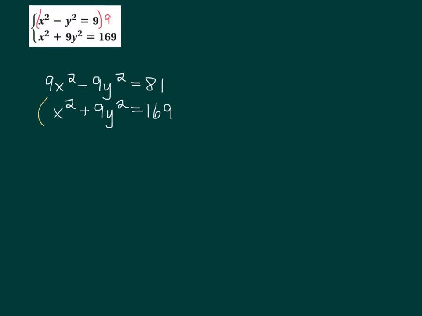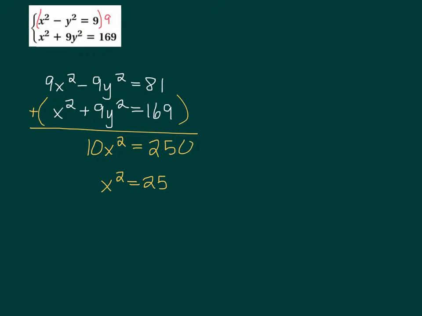Then I take these two equations, add them together, so I get 10x squared equals 250. So x squared is 25. So what is x? It's going to be plus or minus 5.